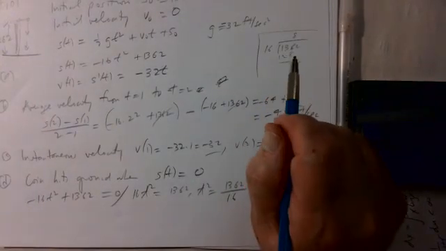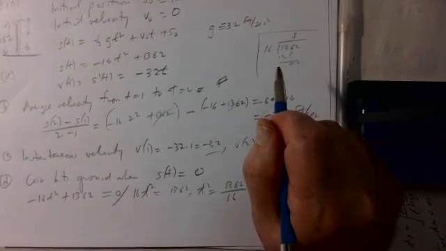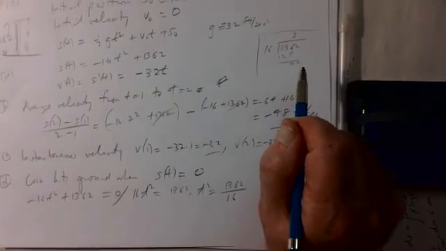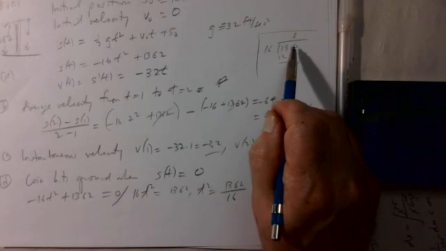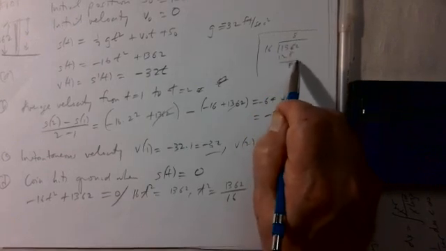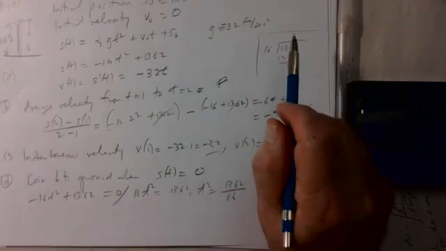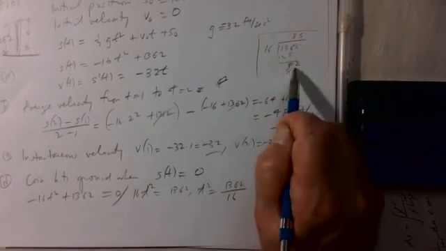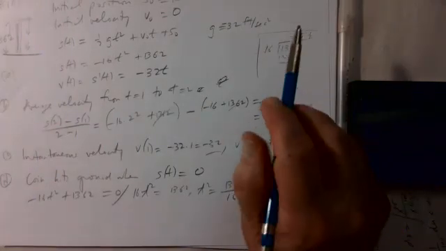Oops. 1362 over 16. This is 85 and 2/16, 85 and an eighth.